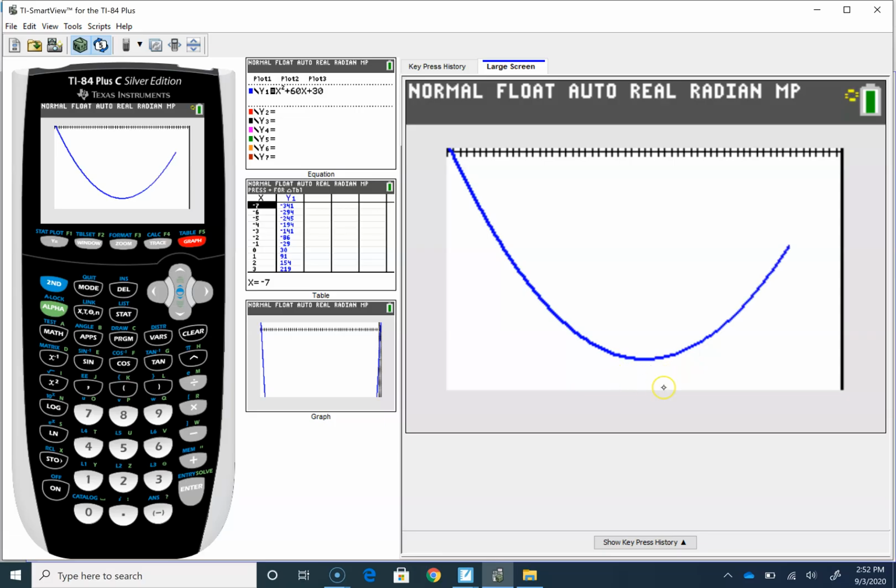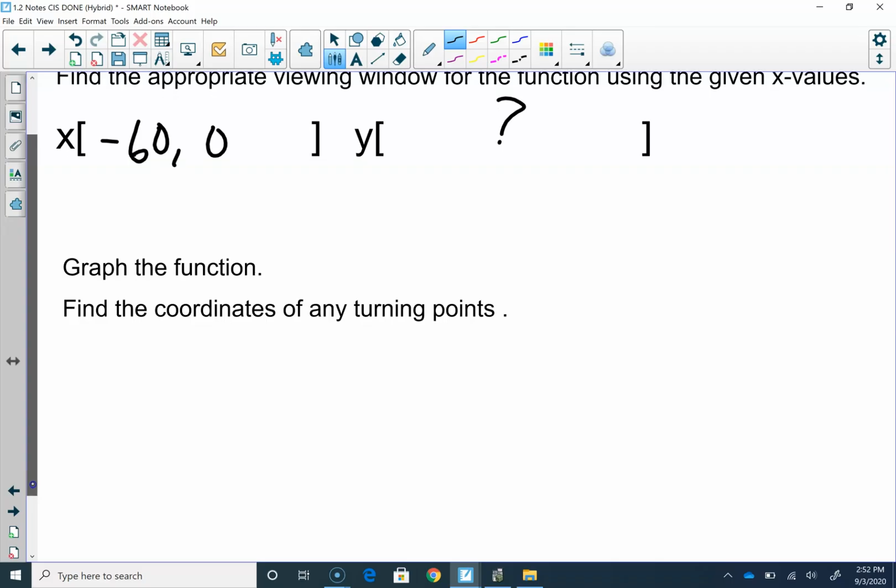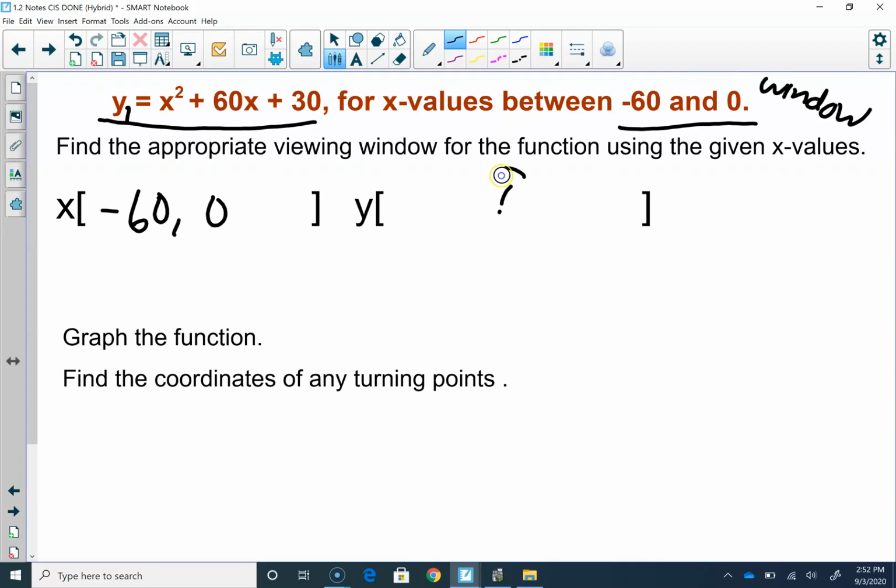There's my minimum. And it goes back up. And this is going to be from negative 60 all the way to 0. So that's what my graph is going to look like. So for my window for my Y, I use negative 1,000, 0. So that's going to be my Y.